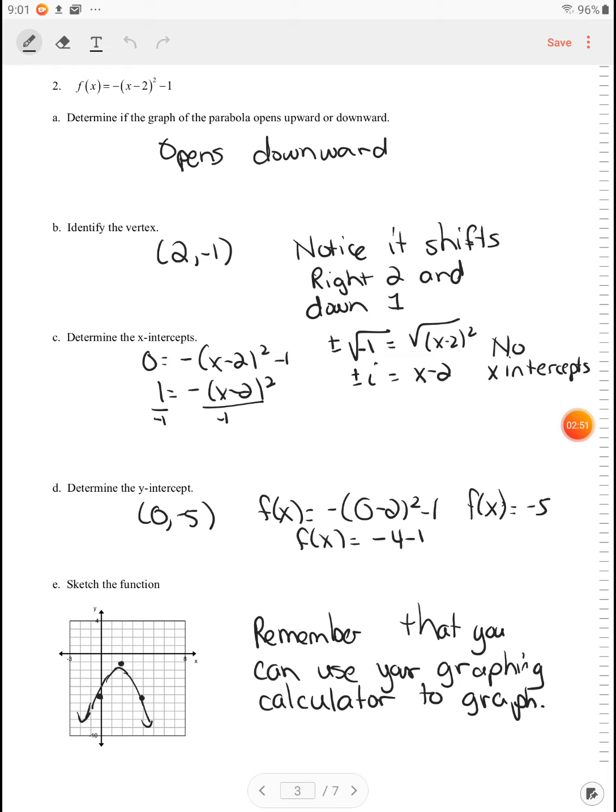To determine the y-intercept, you let x equal 0 and plug it in, and you get negative 5. So to sketch the parabola, I sketched the vertex, which is at (2, negative 1), and the y-intercept (0, negative 5). And then I can either use the fact that we have a line of symmetry, which is x equals 2, or we can use a graphing calculator to help us.